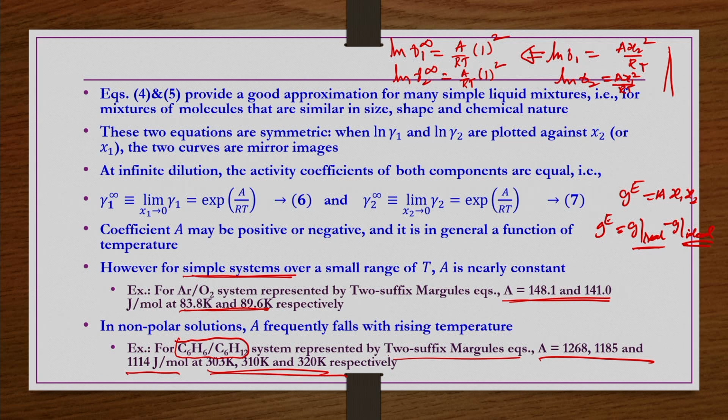So, this is how one can make analysis of activity coefficients, obtaining the activity coefficient from G information, and then making further analysis of those components.